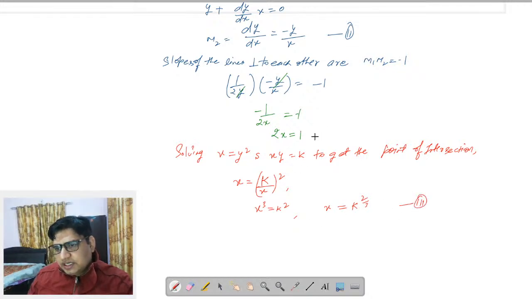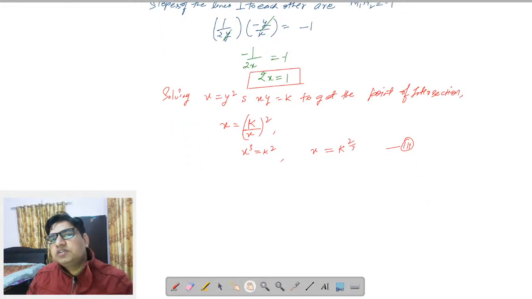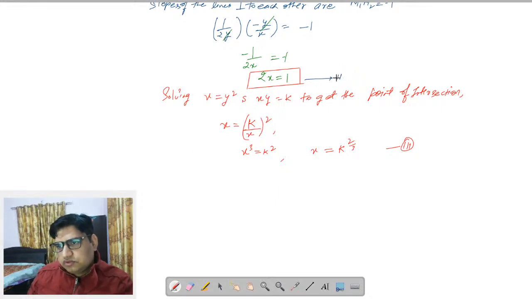Okay, this is the result that we got, and now further we can substitute the value into this. So let it be equation 4.